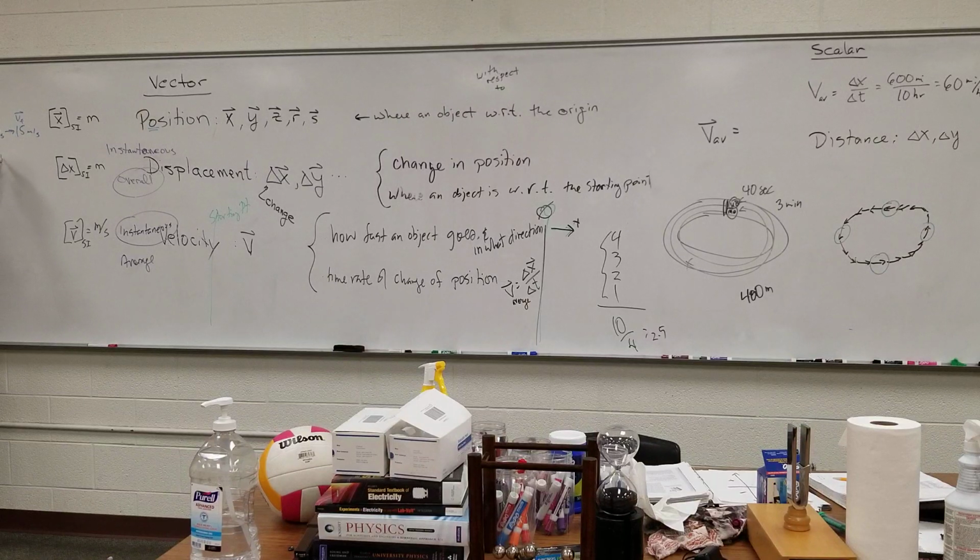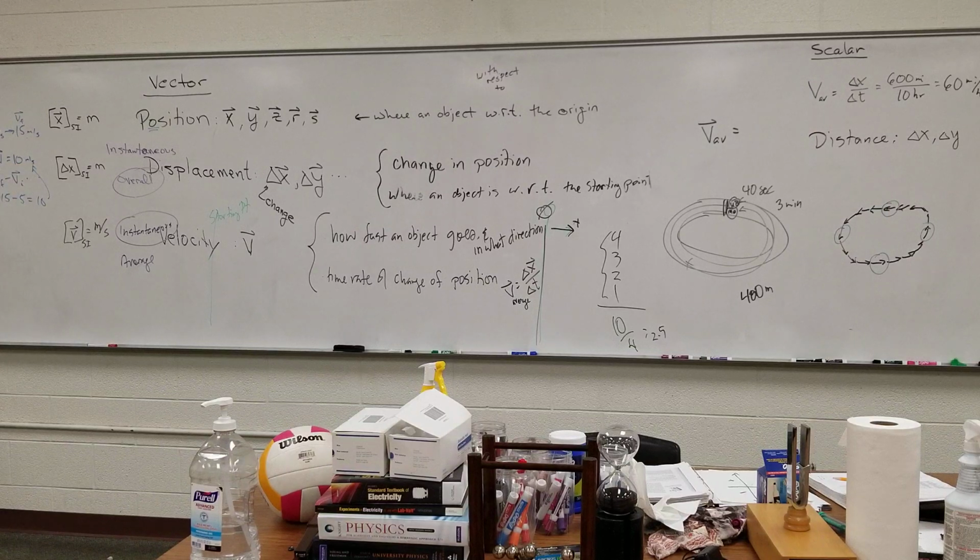What is my change in velocity? 10 meters per second. There we go. How'd you get 10? Subtracting 15 and 5. The order matters. So it's final minus the initial. Change is always final minus initial. So v final minus v initial, 15 minus 5.